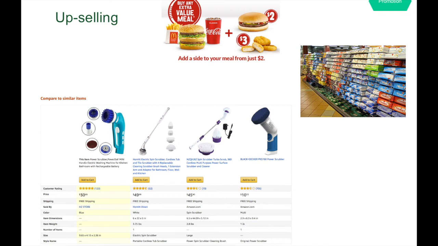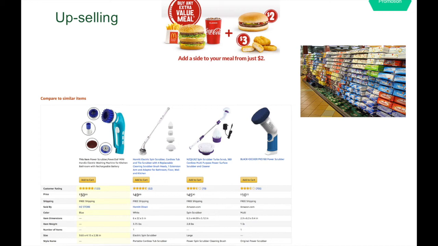The lower left part, that's from Amazon again. Here we are looking at a certain brush, and then on the lower part, it would actually offer additional brushes with additional information.